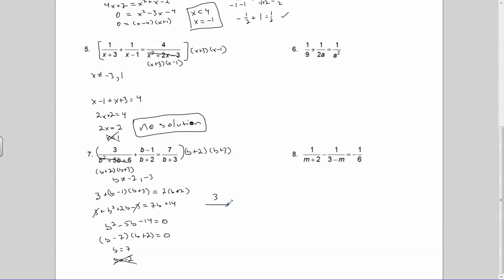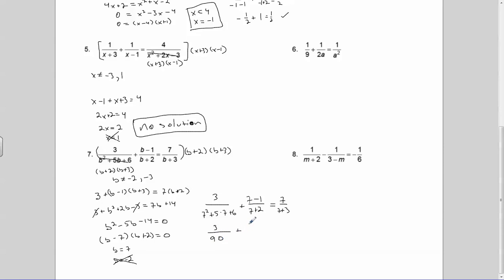So 3 over 7 squared plus 5 times 7 plus 6, plus 7 minus 1 over 7 plus 2, equals 7 over 7 plus 3. So this becomes 3 over 90. I'll let you do the math on your own.